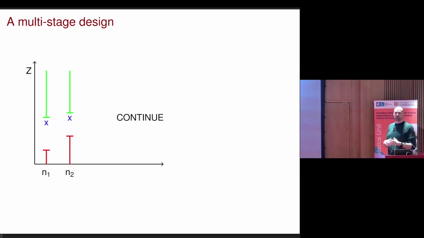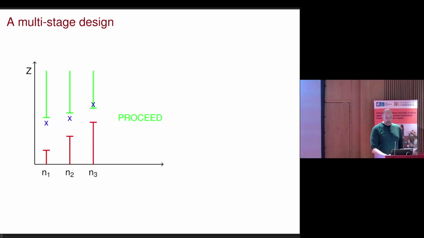In this case, once more, the conclusion is I need more data, and so I continue to collect additional observations until at the third time of asking, I find that yes, I already have sufficient evidence to answer the question that I set out to answer. For example, is treatment 1 better than treatment 2? And I can stop at this point and do whatever the next step in my development is.